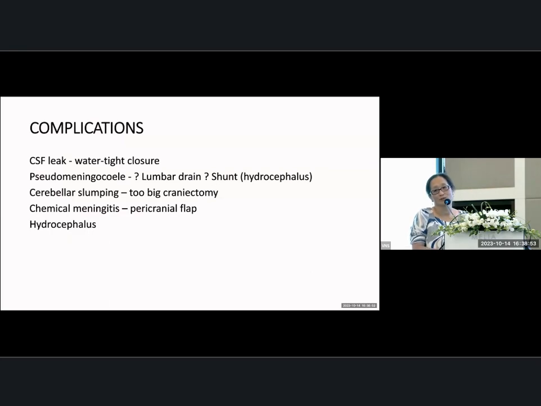Again, there's no evidence to show, except for the little bit that I showed earlier, that autologous is better, but that's why I tend to use the autologous flap. And of course, if you get bleeding or infection, there's a risk of hydrocephalus. And that's it. Thank you.